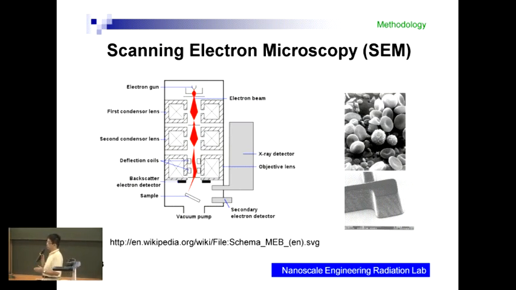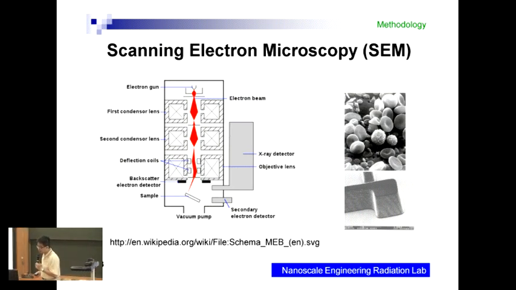So we need tools to see things down to nanoscale. And the first tool, the first instrument I would like to introduce is the SEM, the Scanning Electron Microscopy. Here, the left side shows the principle. The right-hand side shows some results of that. One is the blood cell, the red blood cell. The other is the structures.